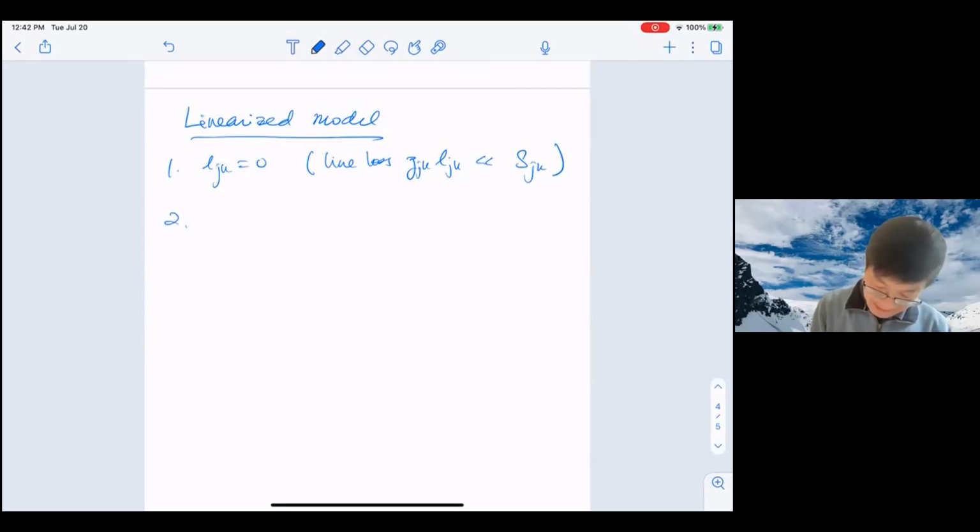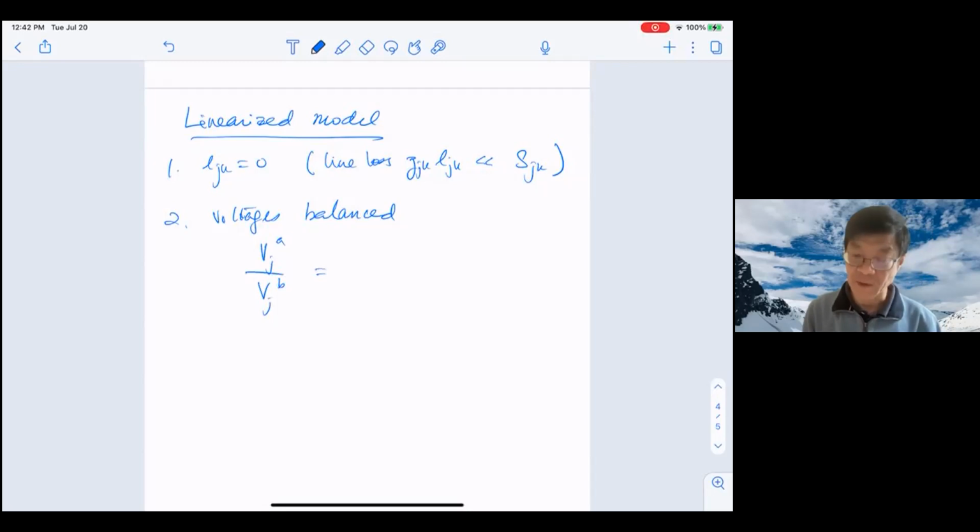And the approximation is that essentially the voltages are balanced, which means that for every node, if you look at V_j in phase A and B, they are separated by 120 degrees.